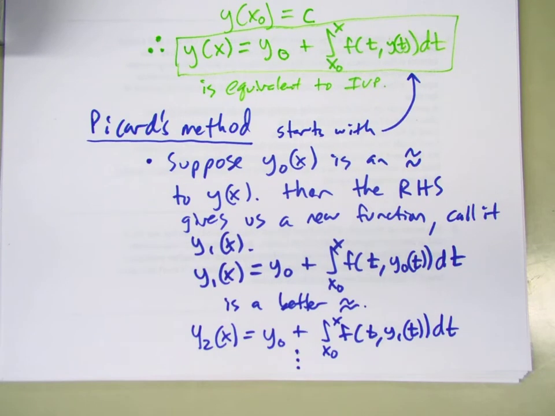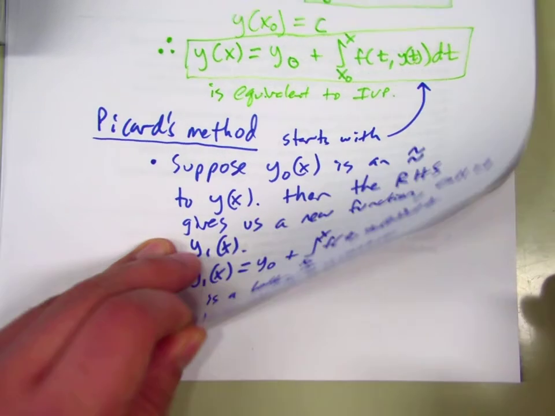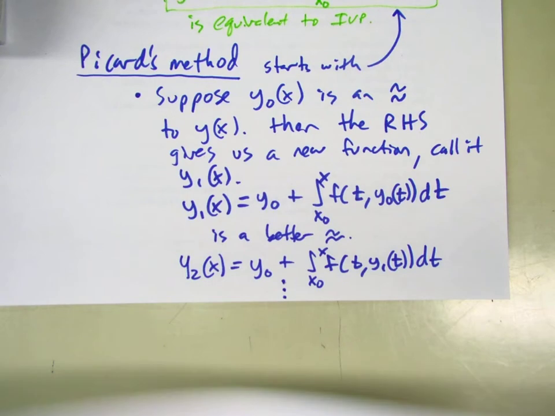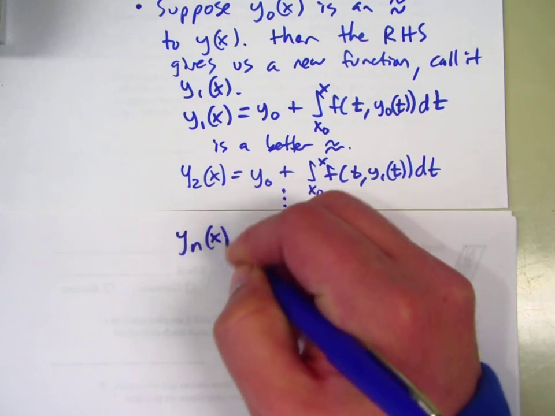Okay, yes? Is the term next to the equal sign, is there always going to be y naught, or would it be the... Yes, this is always going to be y naught. And so, in general, here's the formula then. If we're following the same pattern, we can do this as many times as we want, right?